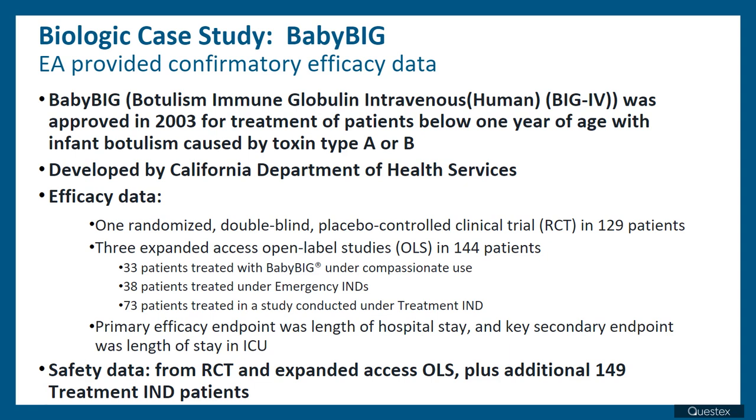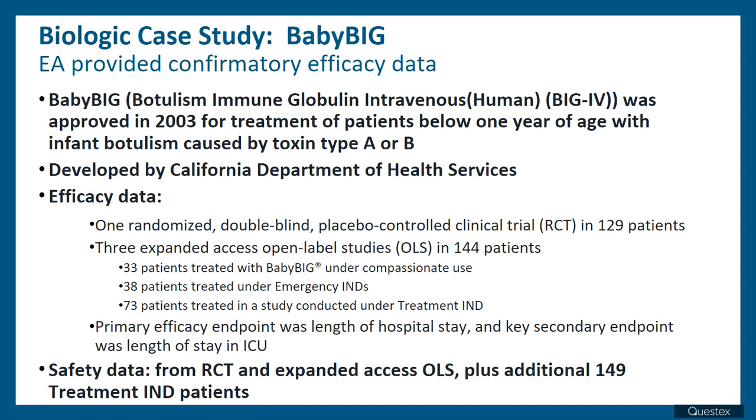And these data were very useful. The primary efficacy endpoint was a very objective endpoint looking at the length of hospital stay as well as the length of stay in the ICU. So these data coming from the open label expanded access studies provided confirmatory efficacy data for the randomized controlled trial to support approval of this biologic product.